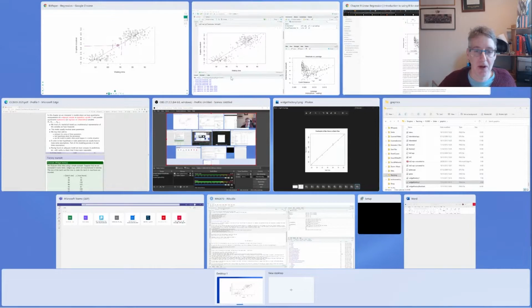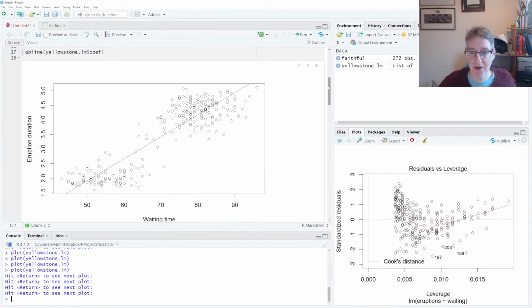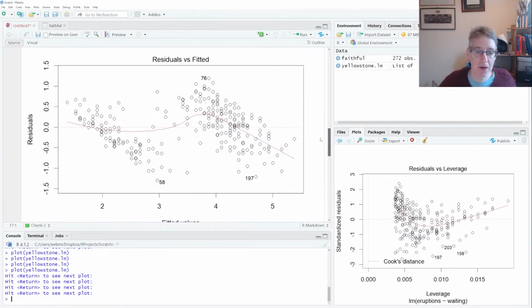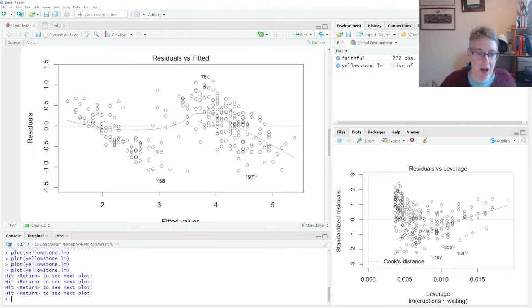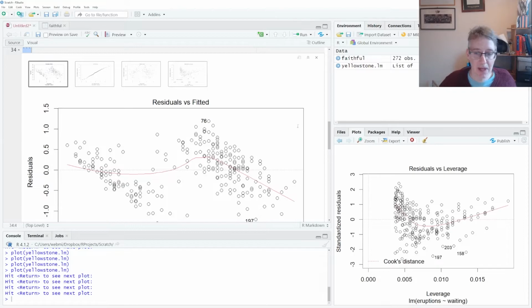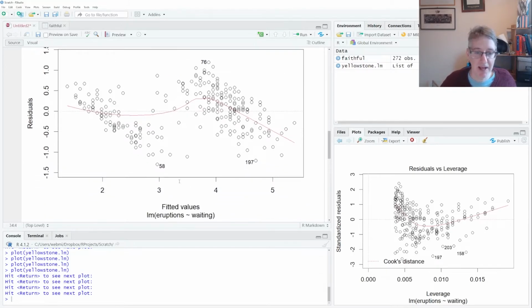So if we look at our first residual plot, this is probably this point here in the middle. We have a fitted value on my x-axis of 3 and a bit, and it's slightly positive. And R will plot these residuals versus fitted values for all of the data points.